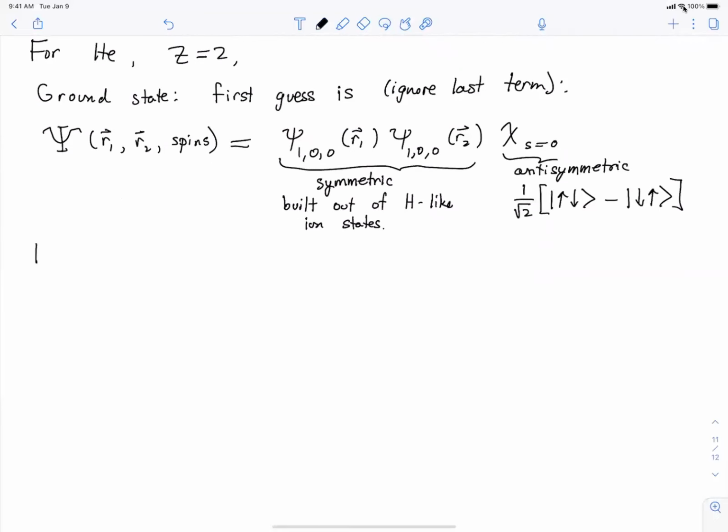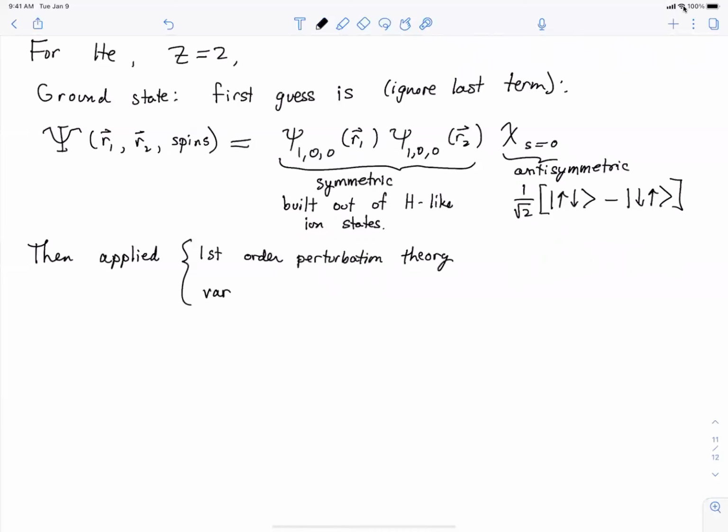And then what we did is we applied the last term using two different methods. One was first order perturbation theory. That one did not so bad, was a few percent off from the right answer.